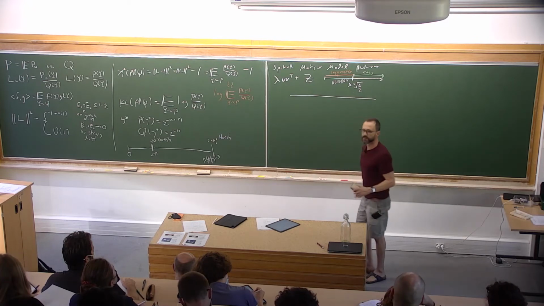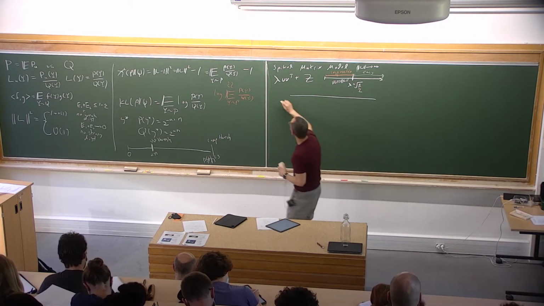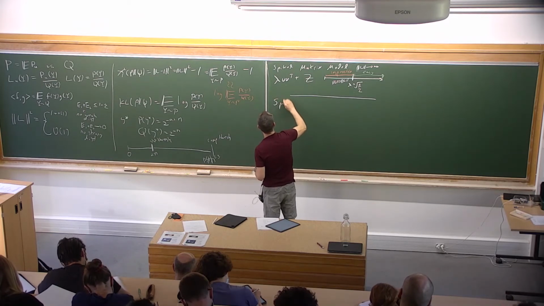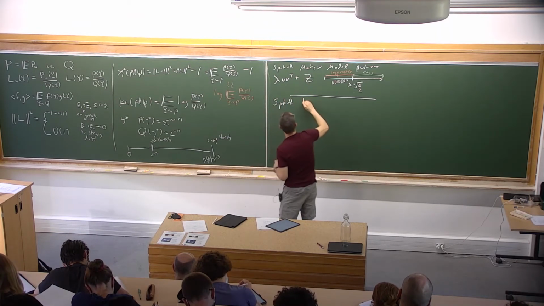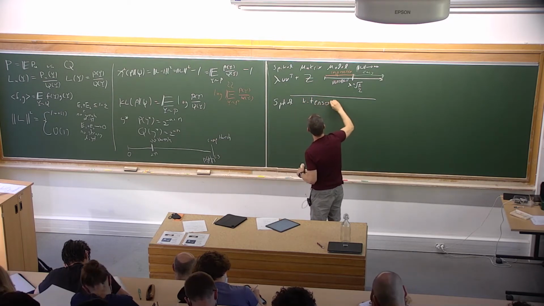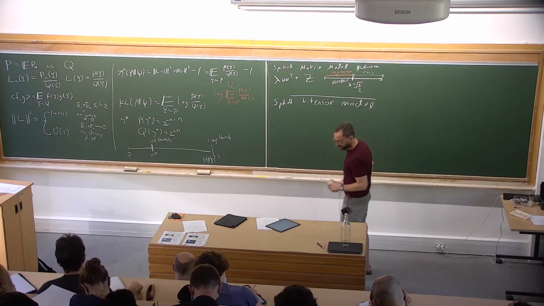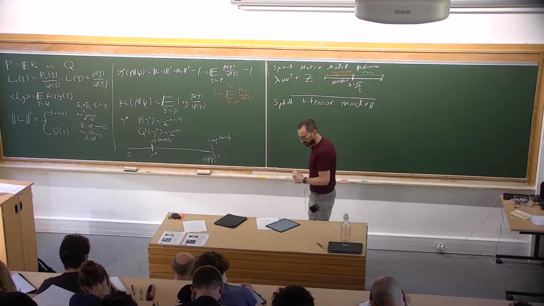So now I want to talk about the spiked tensor model, say the K tensor model. It's basically the same thing, just I'm going to go to a higher order.